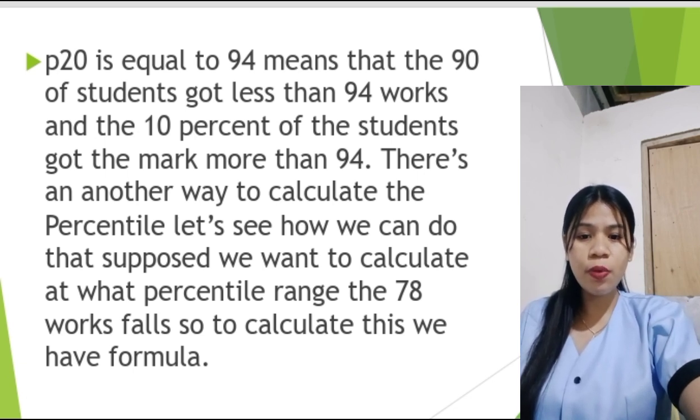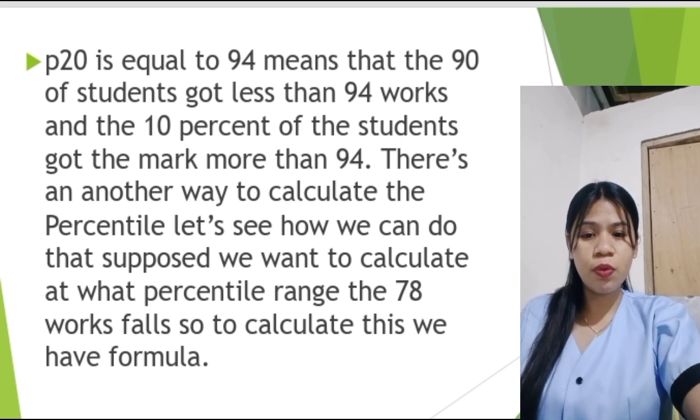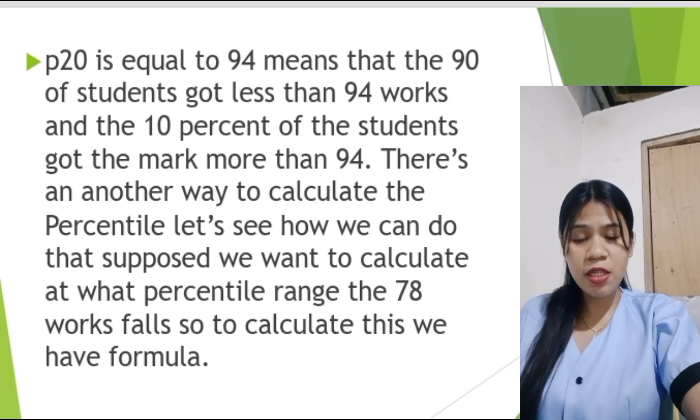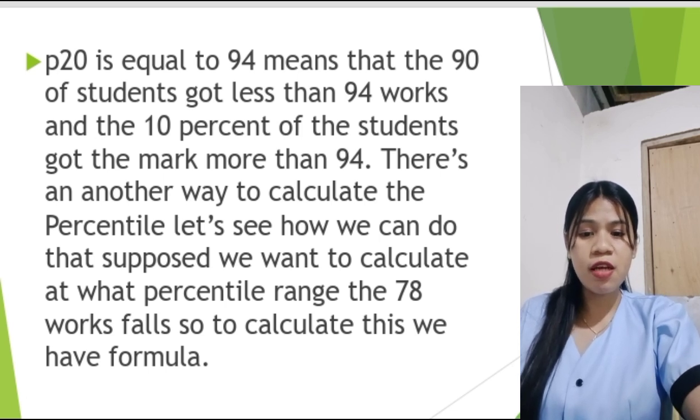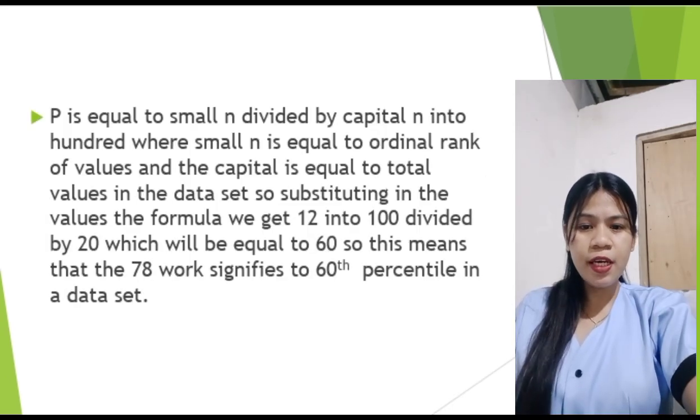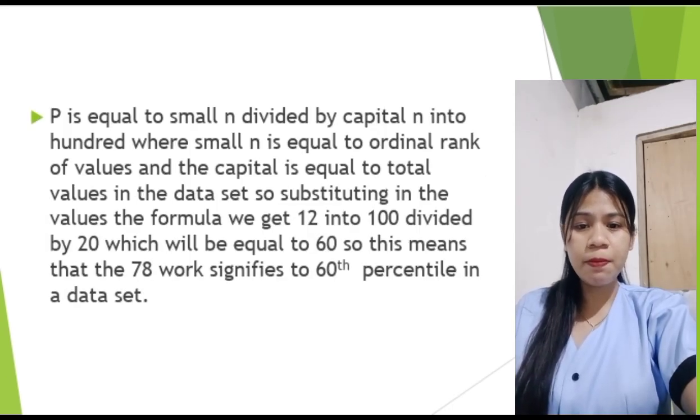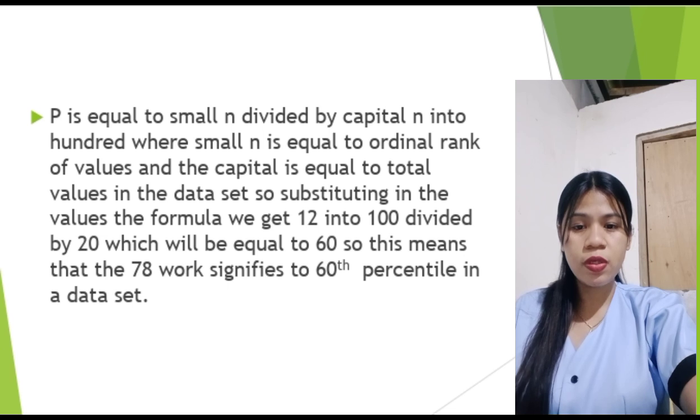There is another way to calculate the percentile. Suppose we want to calculate at what percentile the 78 marks falls. To calculate this, we have a formula: P equals small n divided by capital N times 100, where small n is the ordinal rank of the value and capital N is the total number of values in the data set.